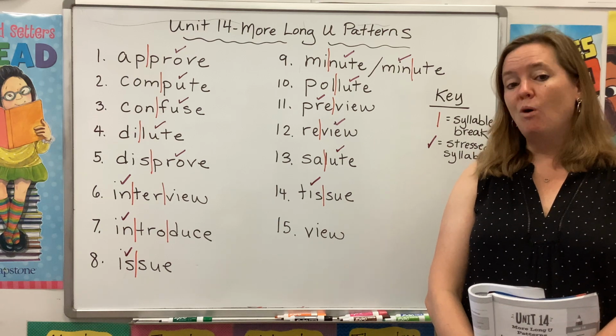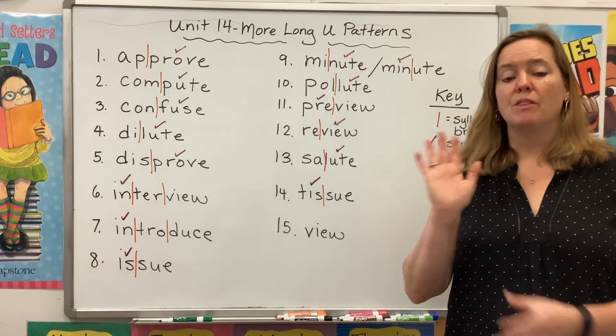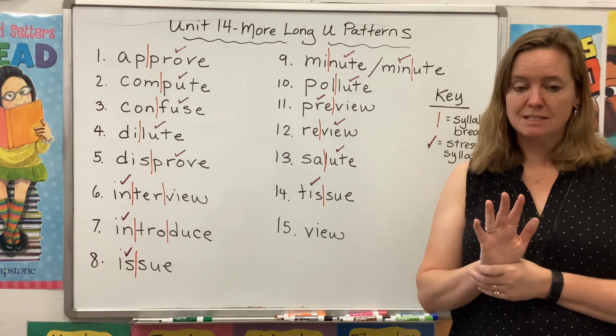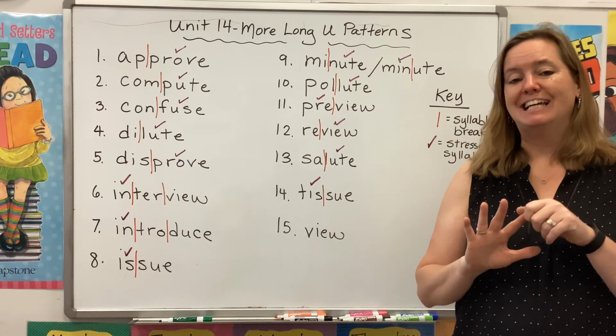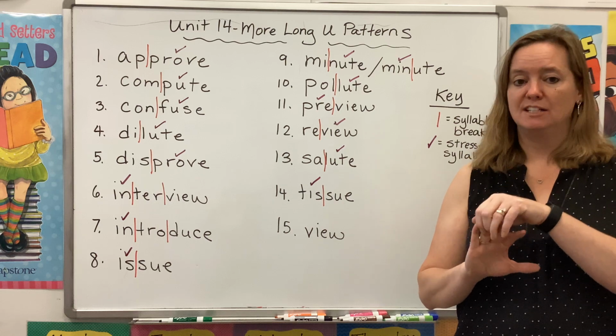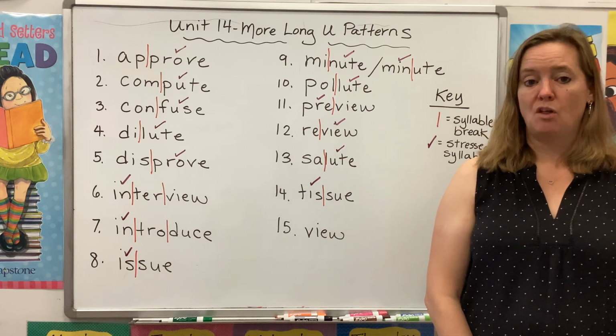So we are almost done with our discussion of long vowels. We know there are 5 long vowel sounds, and they each sound like a vowel name. So they are A, E, I, O, and U. We know that there are 3 common ways to make a long vowel.